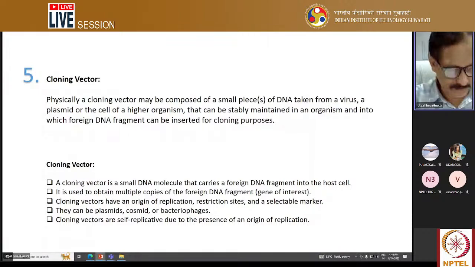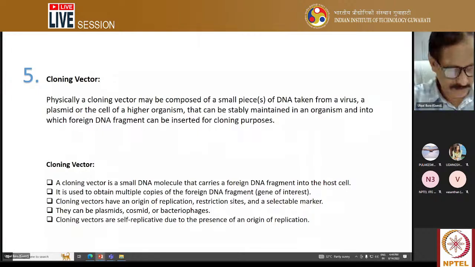So basically we use the vector DNA to carry a foreign DNA fragment into the host cell.